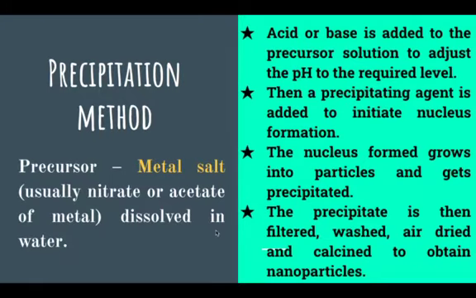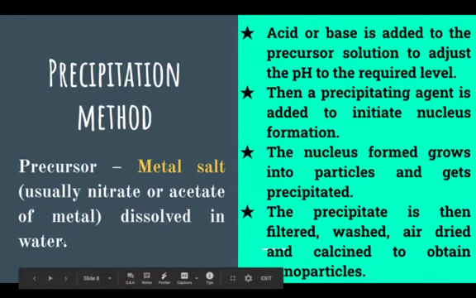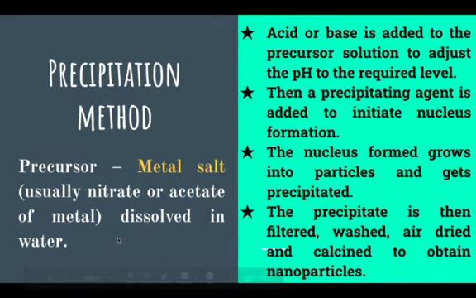Now we'll move on to precipitation method. Here the precursor used is a metal salt, usually nitrate or acetate of the metal dissolved in water. In sol-gel process we used metal alkoxide as a precursor, whereas here in precipitation method we are using metal salt dissolved in water as the precursor.